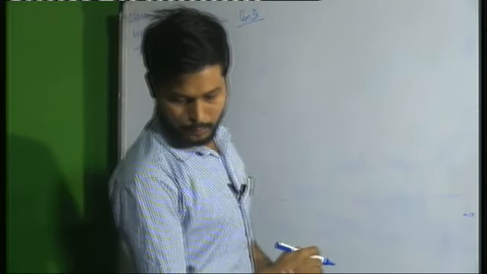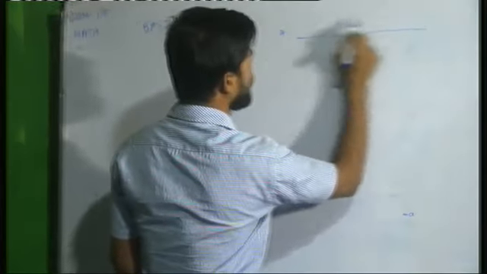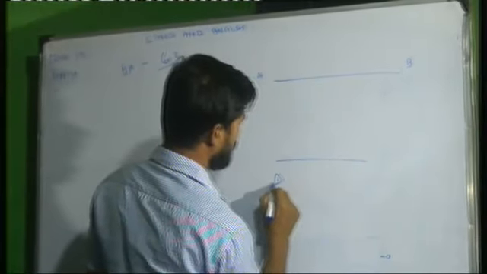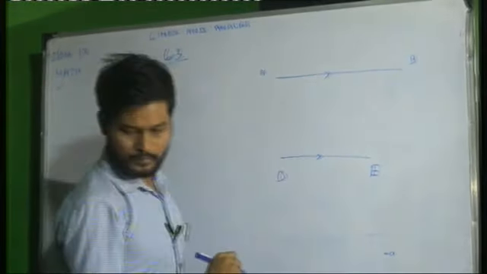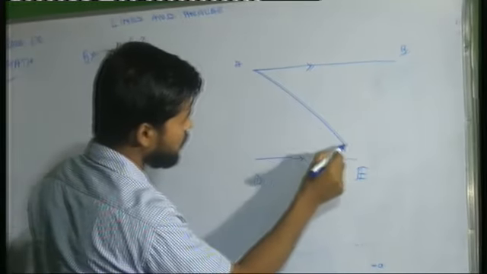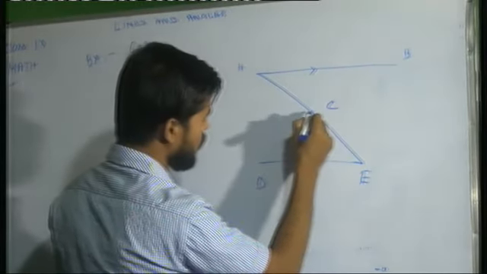If AB is parallel to DE, so one line is AB and one line is DE. The lines are parallel, it is given. Okay, join A to E, and C is a point here. Join C to D.